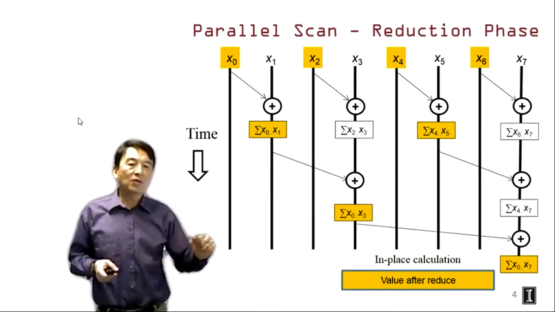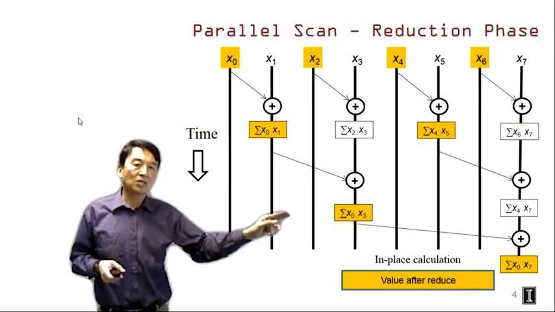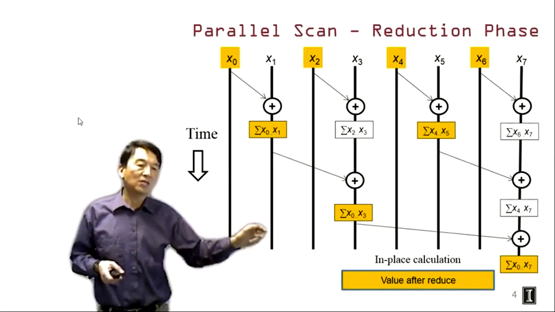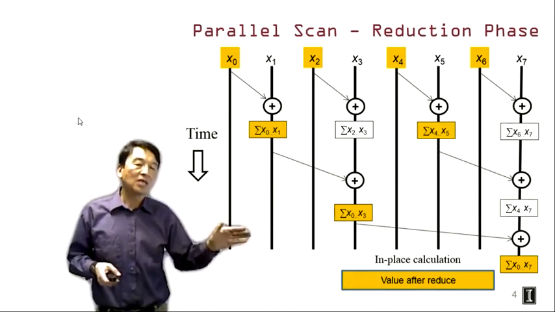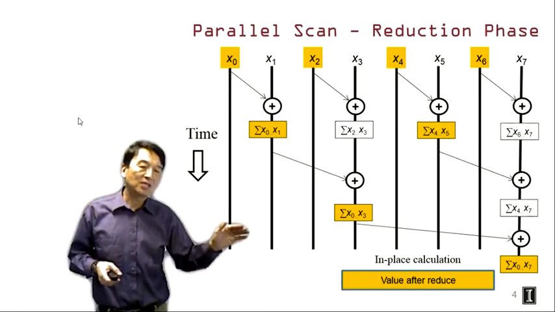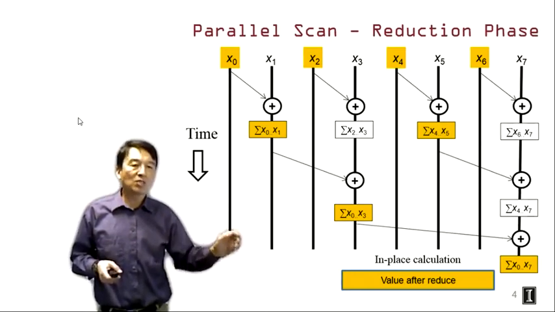For example, the x3 position has the final answer because it contains the sum from x0 through x3. So this position is pretty much all set as the final answer. Same with x7. And x7 now contains the sum of x0 through x7. So that gives us the exact answer that we want for that position.